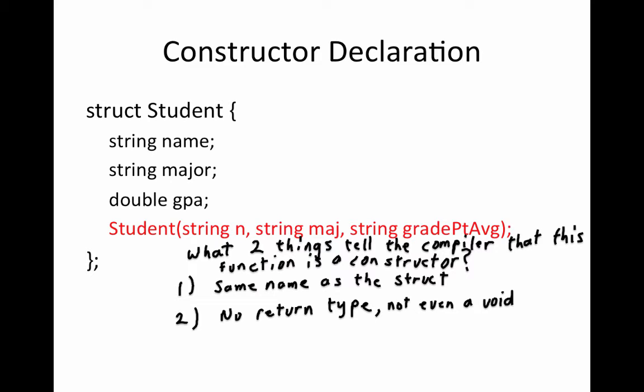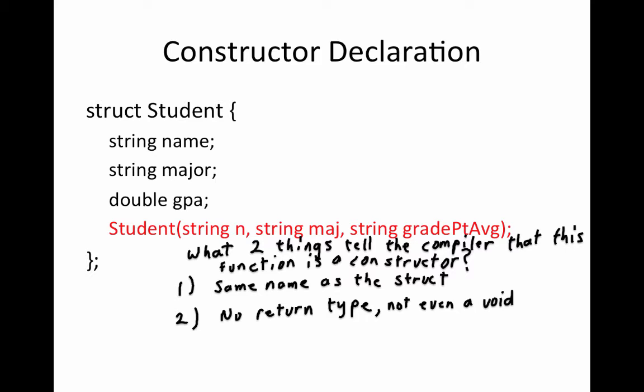So you don't need to use the double colon inside of the struct. It kind of knows from the fact that it's grouped with the struct that it is part of it. You use the colon notation when you define the function definition.